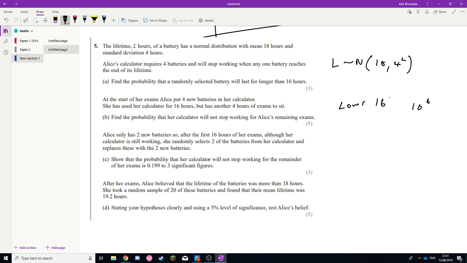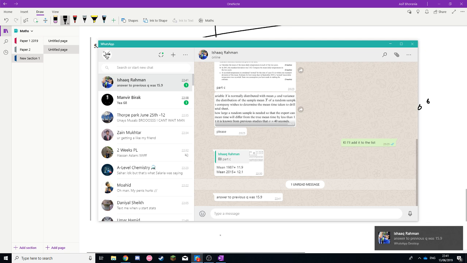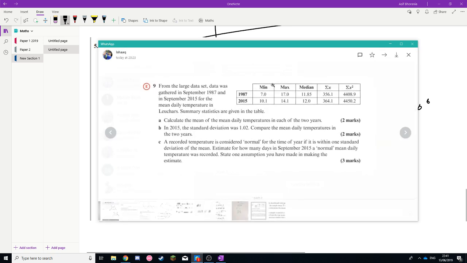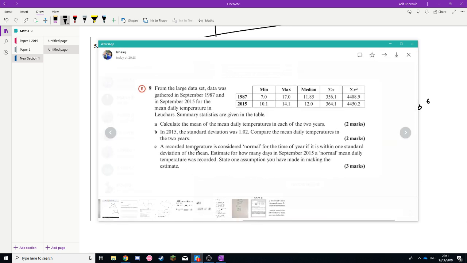What's this sigma again? The mean is 18.69. P is equal to... Answer to previous question was 15.9. Which was this one, or this one?